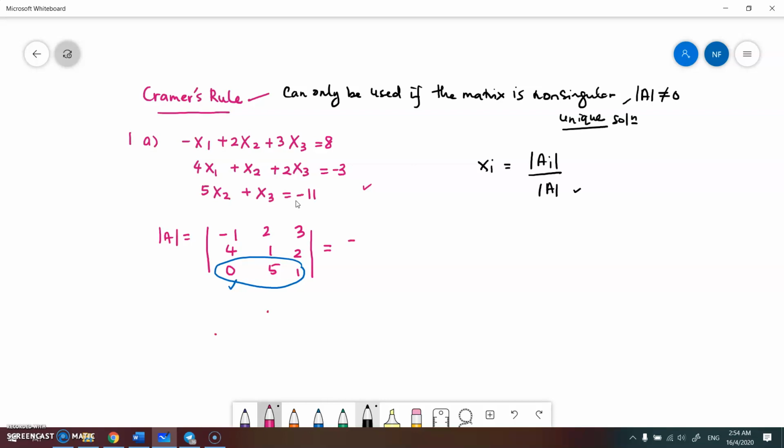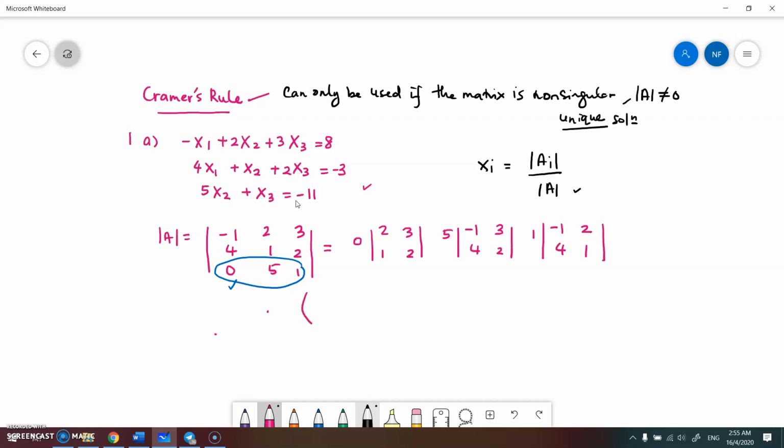Oops, sorry, I want to use the last row. So 0, then 2, 3, 1, 2. Then I have 5, negative 1, 3, 4, 2. And then 1, negative 1, 2, 4, 1.